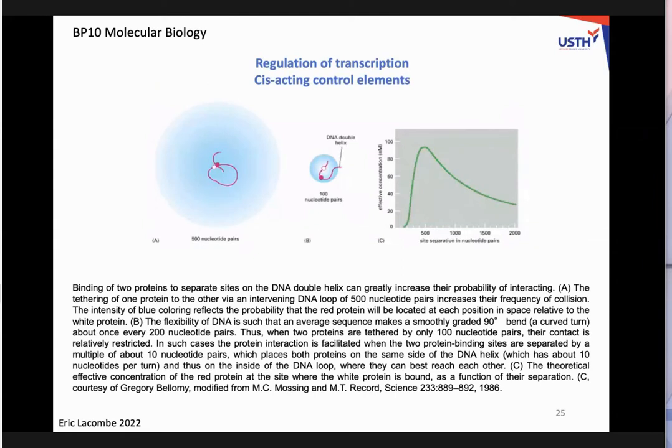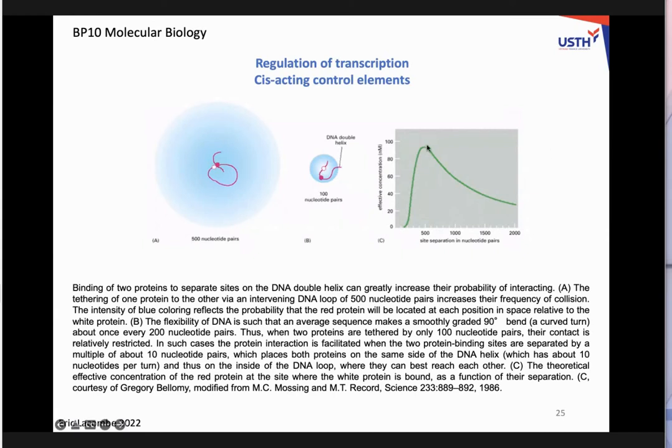And so we saw that there was a maximum probability of interaction between two proteins when bound to DNA when they are separated by around 500 base pairs. It was because of the flexibility and the bending capacity of DNA.